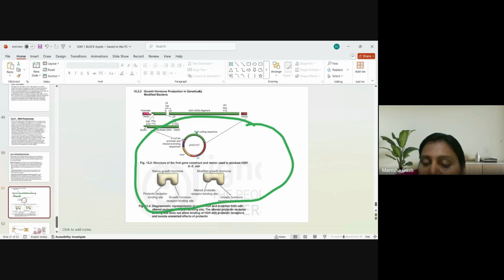The examiner will be very happy to award you the full mark, because it clearly demonstrates all the steps, all the procedure involved in the development of the human growth hormone. Okay. So you have to design your answer in such a way that whatever question is being asked, all the content is there in your answer. For 10 marks, I think 2 to 3 pages should be enough, including your diagram.